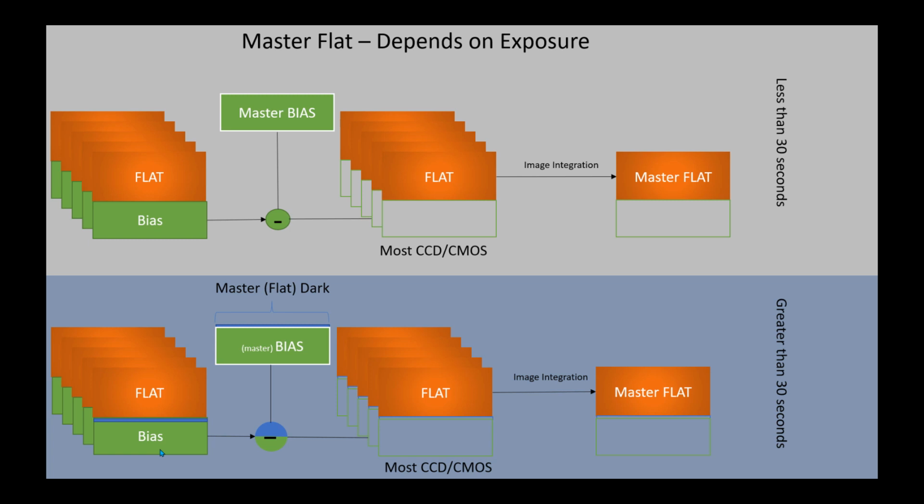So at that point, what you need to do is subtract an actual dark that matches this situation. So this is the bias plus that extra dark current, which is a dark frame, but it is often called a special thing because it is used specifically to calibrate flats. So it's called a flat dark. Now, it is a dark frame. It is nothing more than just a dark frame.